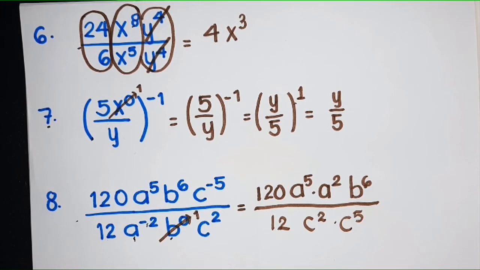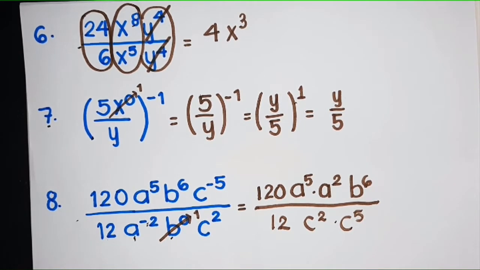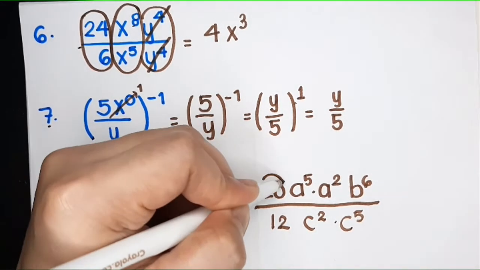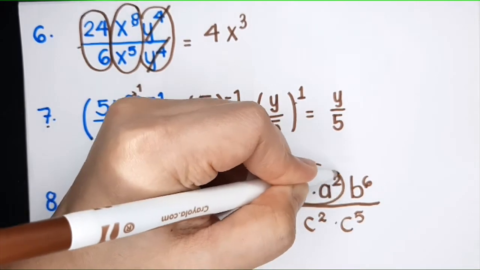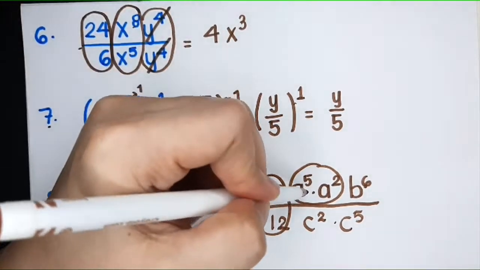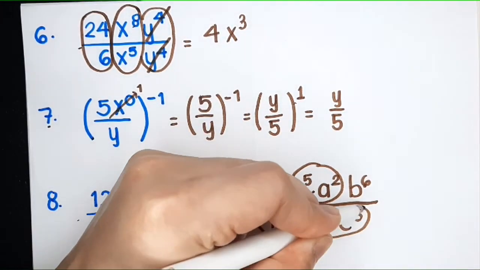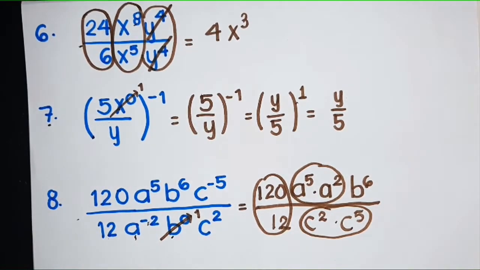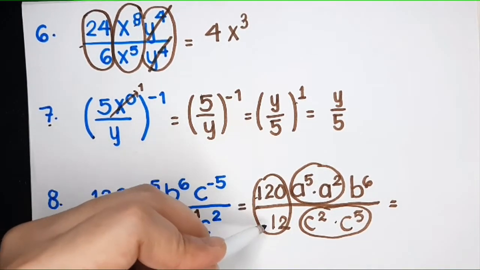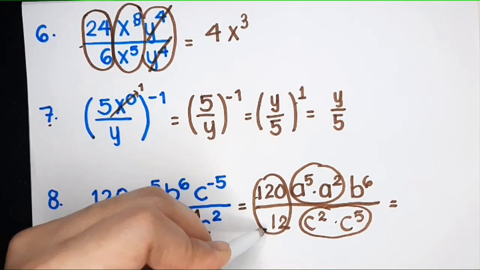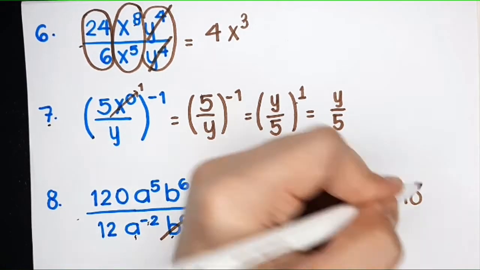Okay? And then you try to group expression with the same variable. Okay? Ito, wala naman tong variable. You have with variable A, ito with variable C. And then we try to simplify. Okay? So what is 120 divided by 12? It is 10.